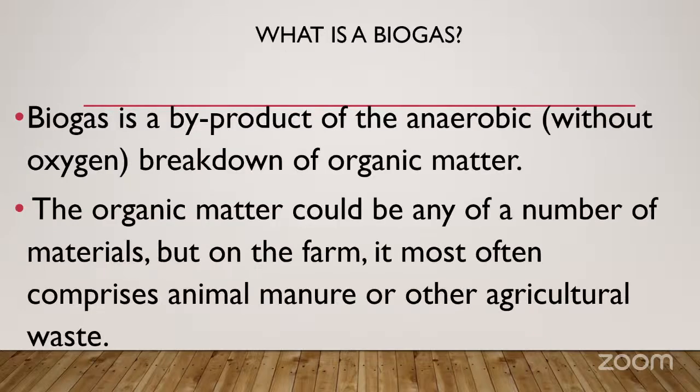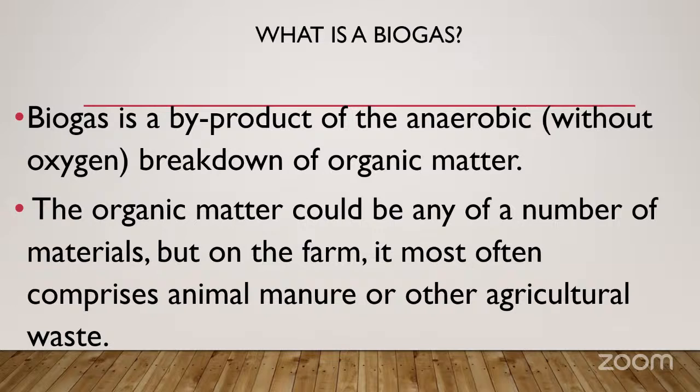So biogas is a byproduct of the anaerobic process. Whenever I'm talking about anaerobic, people should understand that it's without oxygen, a system which is free of oxygen. As I was saying, it's a product of the anaerobic breakdown of organic matter.